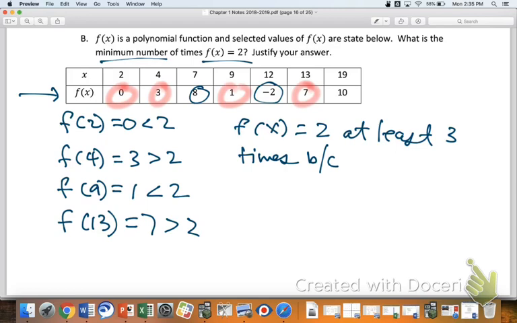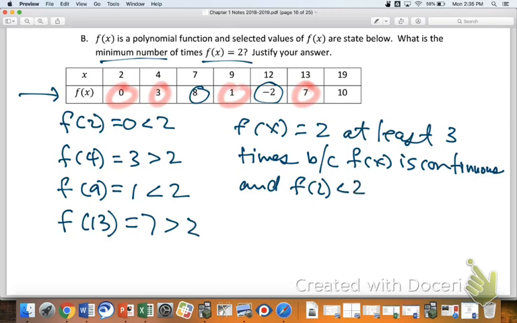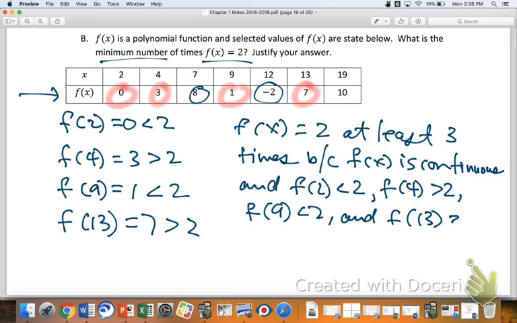And then here's my explanation, here's my justifying. Because f of x is continuous, and then I'm just going to more or less repeat myself. I'm going to say that f of 2 is less than 2, f of 4 is bigger than 2, f of 9 is less than 2, and f of 13 is bigger than 2.